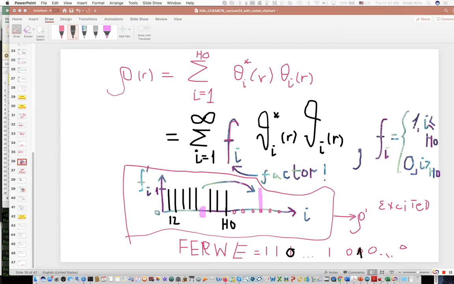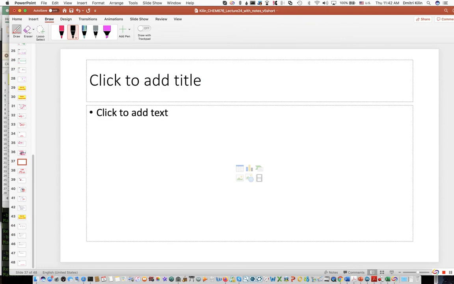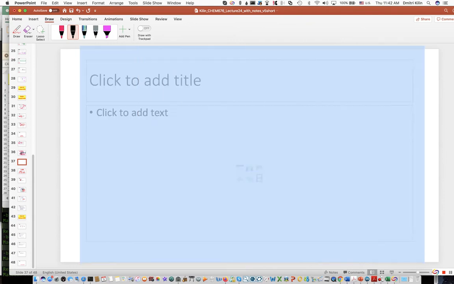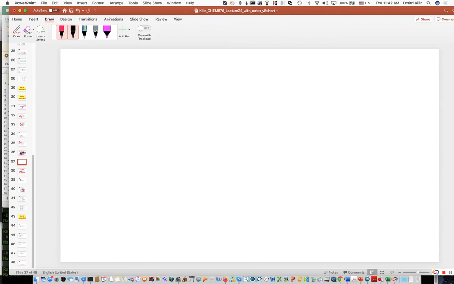I want to insert one more slide because the pre-made one is a little ugly in its writing.